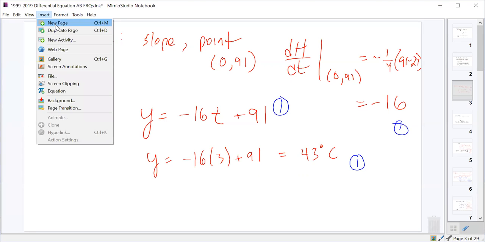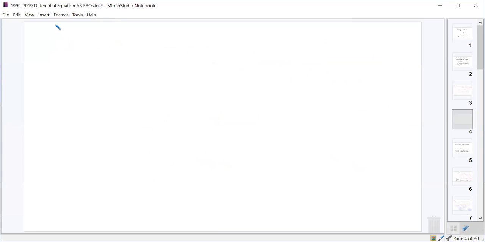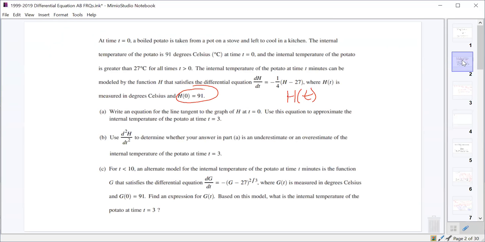All right, part B. Any questions on part A there? Nope. Okay. Part B, we're going to find the second derivative.